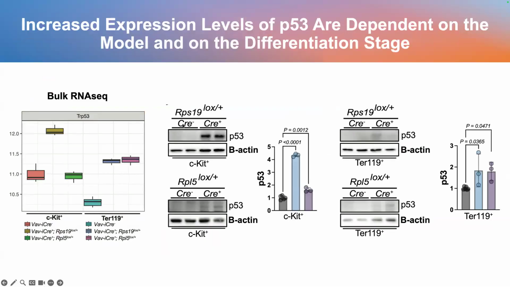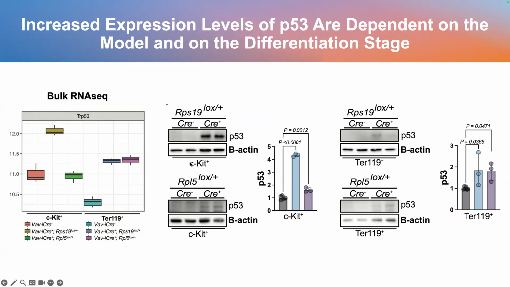So what does it mean in terms of P53 and what I told you? Well, by bulk RNA-seq, what we observe is an increase in RPS19. So something that we wouldn't expect. So maybe this is an anomaly or something in the mouse, because P53 is usually increased at the protein level, not at the RNA level.